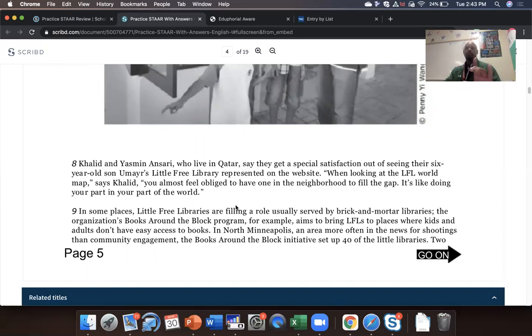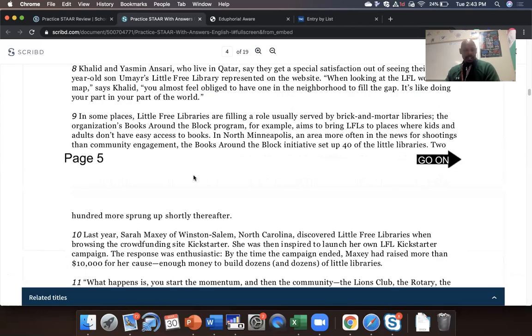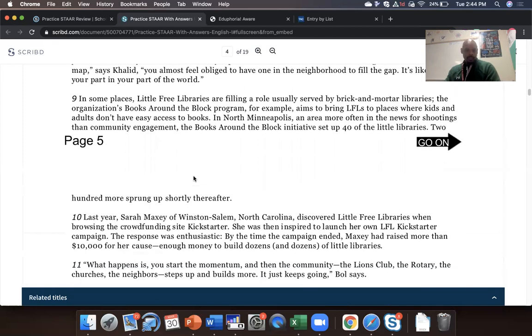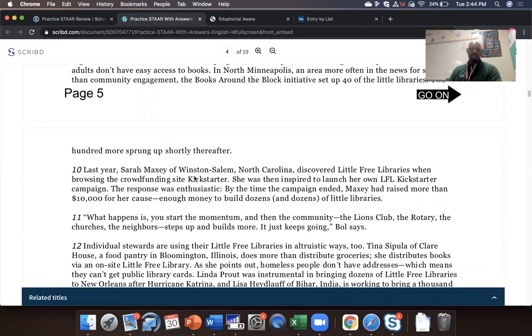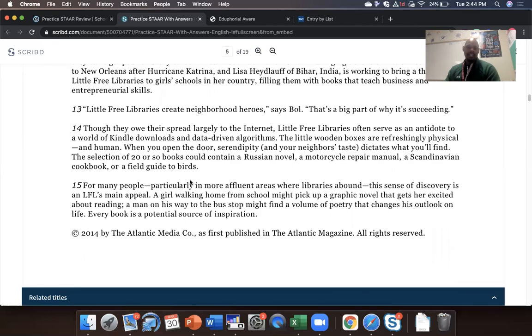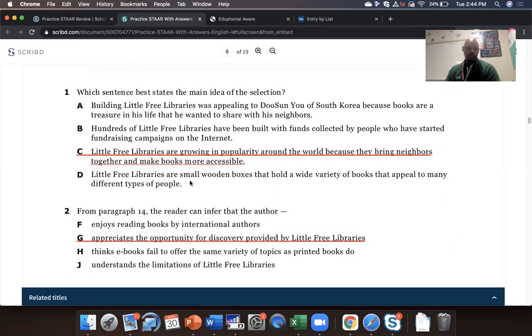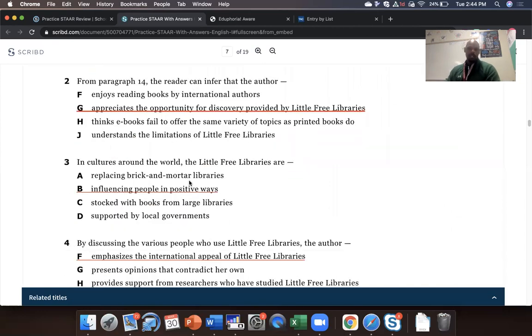Now it says usually served by brick and mortar. But if you look at paragraph 8, paragraph 10, paragraph 11 and those topic sentences, do they really continue on that idea of replacing brick and mortar libraries? So that one mention of it is not necessarily the answer to number 3. If it's mentioned more than once, it's something to take a look at. But one mention doesn't necessarily make it the answer.